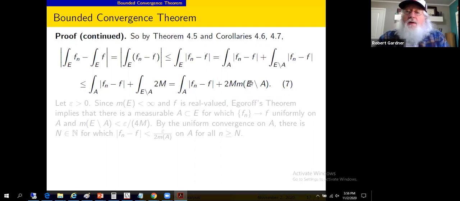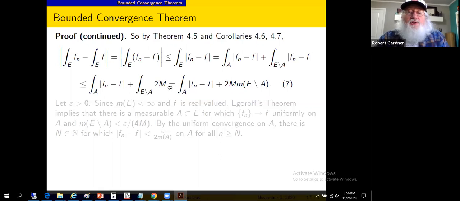But I know M is a bound on the f sub n's and the f. So the difference, I mean, they could be up to 2M units apart. Think of it like that. Bound means I might have close to positive M with this one and close to negative M with this one. So when I take the difference, I actually get them 2M apart. But we get the bound as the triangle inequality is what it is. A bound of 2M there.